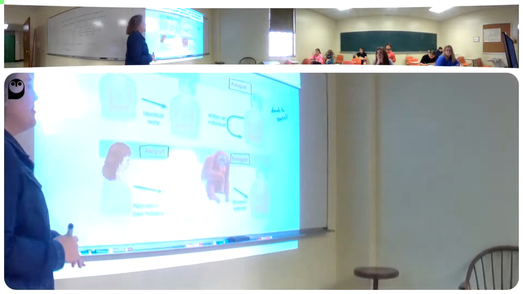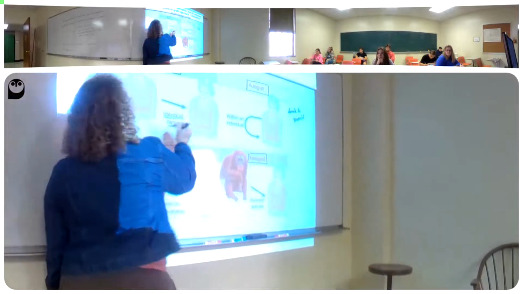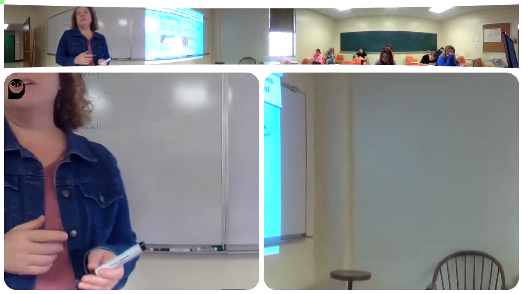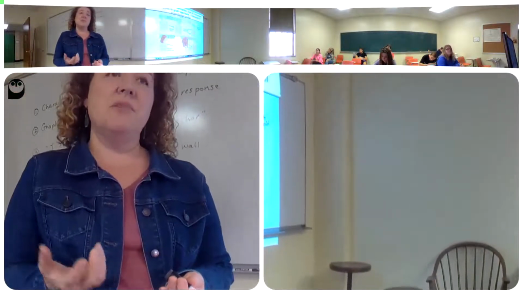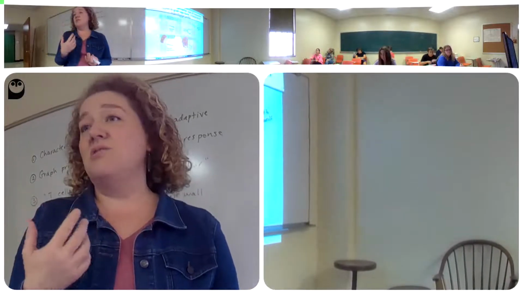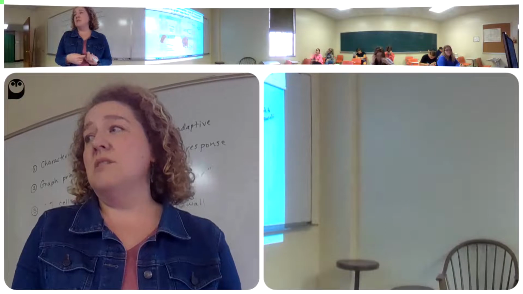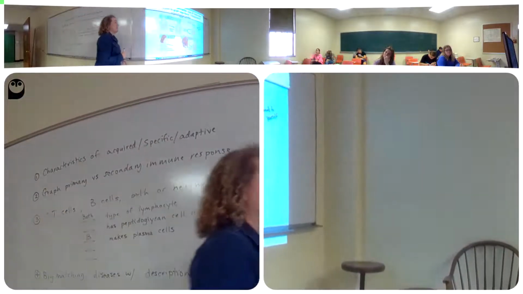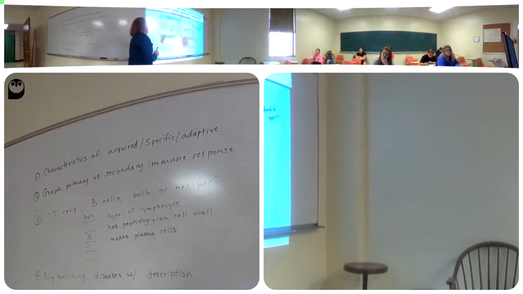Isograft is where the donor is your identical twin. So not everybody has that option. Not everybody has an identical twin, but if you do, they ought to have all the same self antigens that you do, basically. So that graft is likely to work, and you're not going to reject it, most likely.